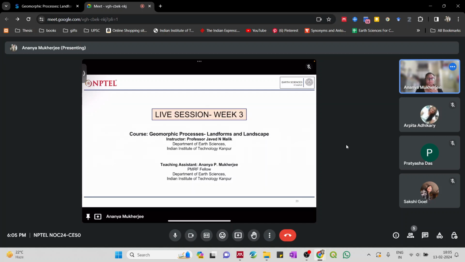So, till the last class, the first week, we had a very basic understanding about what we are going to be learning in this course. What are the few important aspects that we need to understand for this course, and in the second week we understood what are the influences that factor in or play a role in the different sort of processes that we will be learning.